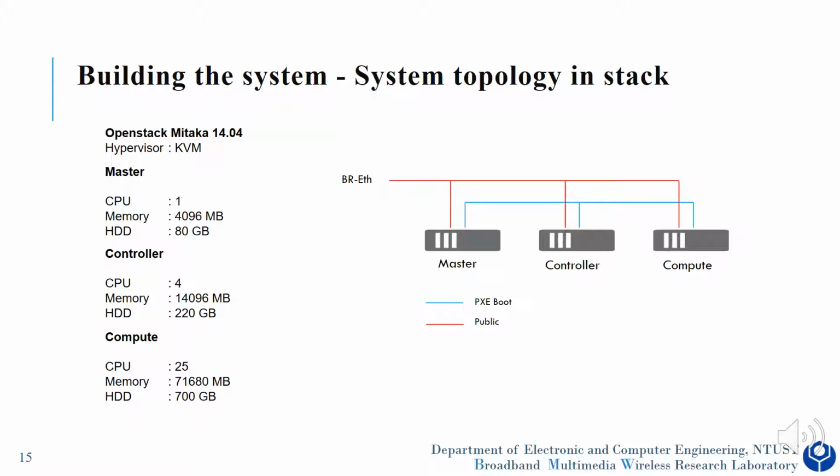For the specification, for the master node we assign one CPU, 4 GB memory, and 80 GB storage capacity. For the controller we assign 4 CPUs, 14 GB memory, and 220 GB storage.